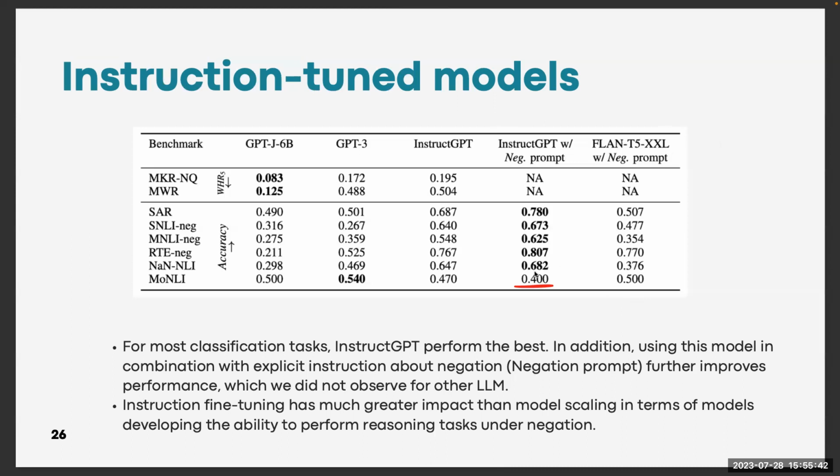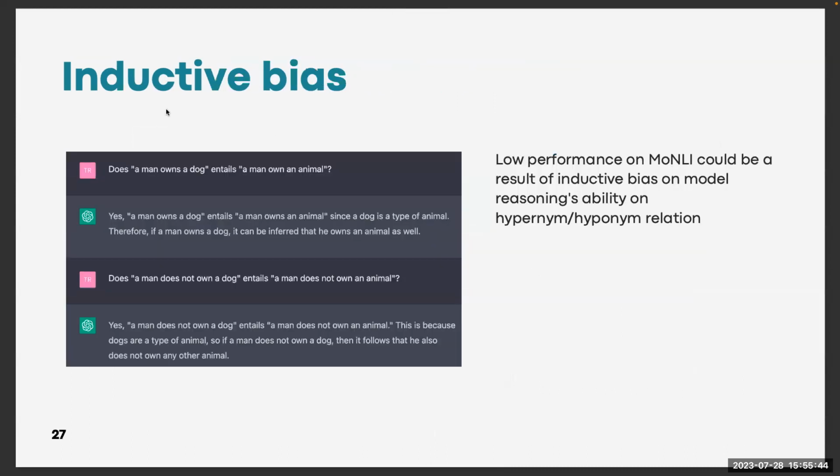So the next slide is where I try to have an assumption on why the model performs worse on those data sets containing hypernym and hyponym relations. So I guess we can say that the model can have an inductive bias in that they learn a correct reasoning step for the non-negative sample and apply that reasoning step to the negative sample.